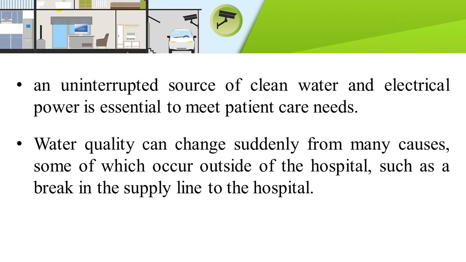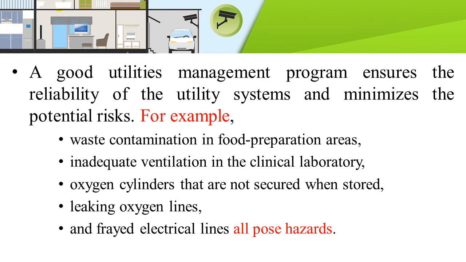Water quality could be changed suddenly from many causes, some of which occur outside the hospital, such as a break in the supply line to the hospital. A good utility management program ensures the reliability of the utility systems and minimizes the potential risks.